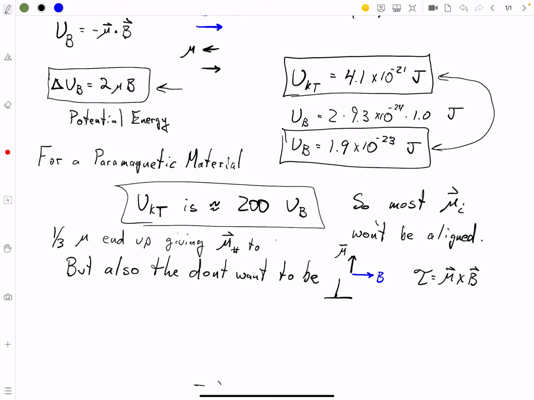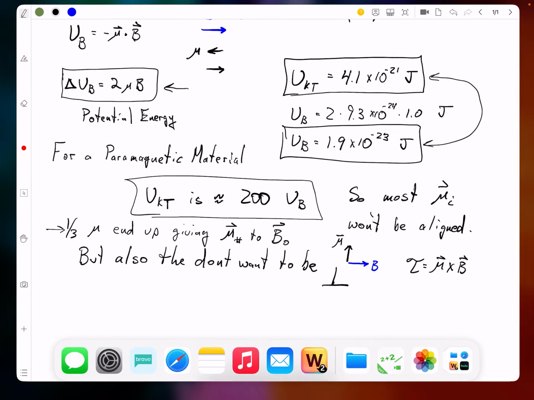Total mu parallel to the B field supplied. So 1/3 of them. Okay, paramagnetic. It's basically weaker. It's just a weak version of ferromagnetic, but we'll see why in a second. Okay.